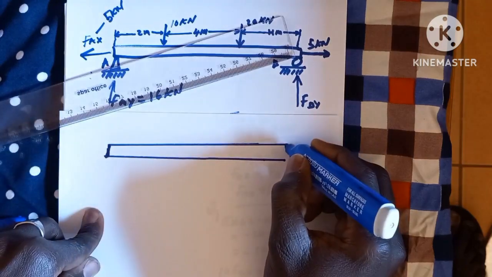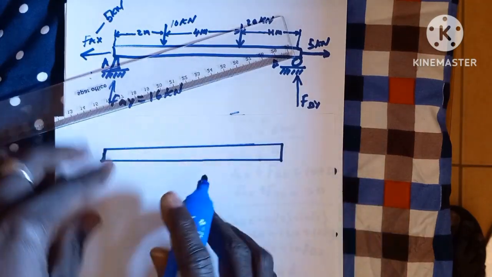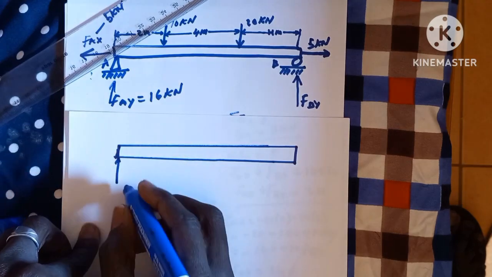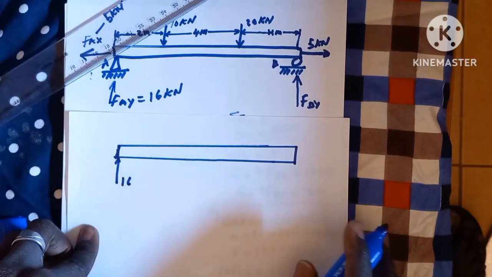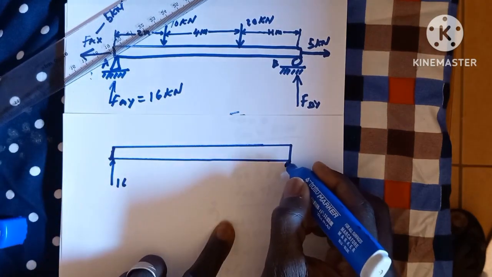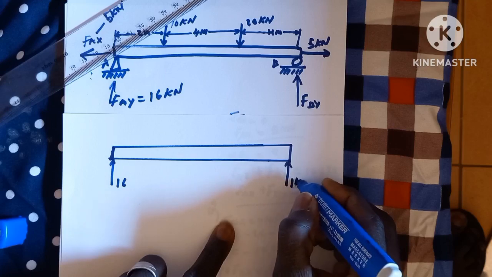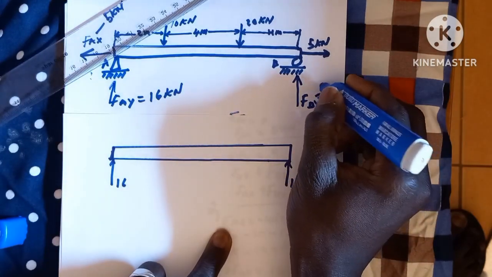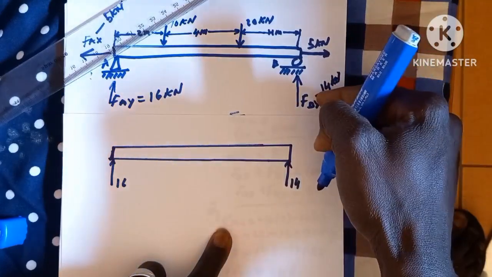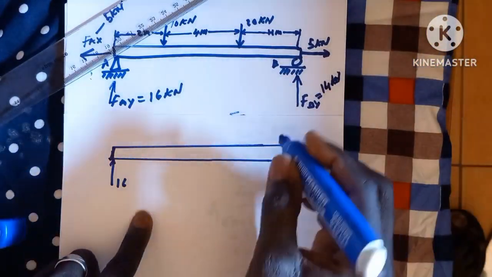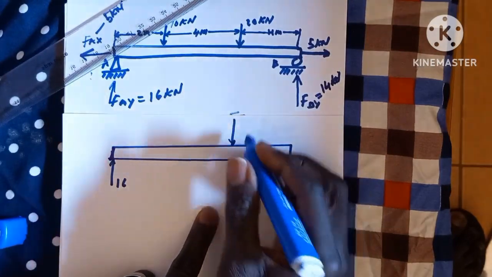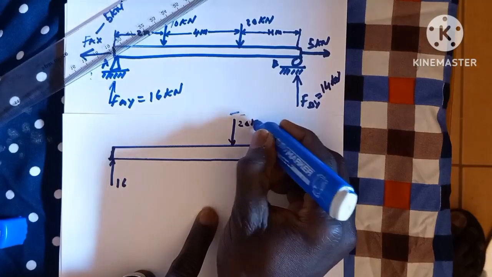We have this beam here, and there's a force going up. This force is 16 kilonewton, and there is also a force going up here, which is 14 kilonewton. And there's a force coming down here, which is 20 kilonewton.